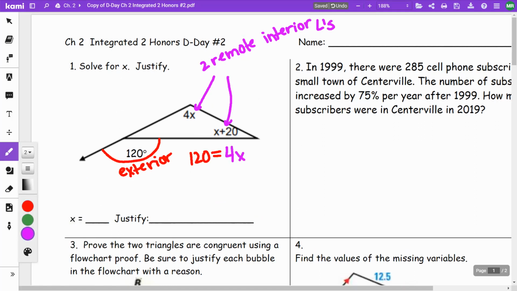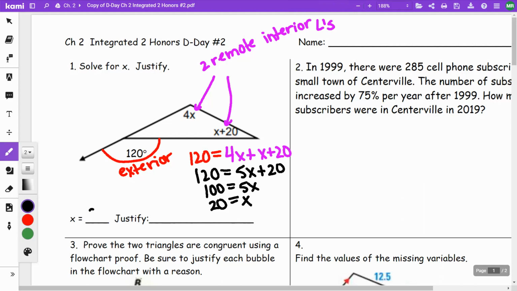So I'm going to add the 4x and the x plus 20 and solve. And when I do that, I get 120 is equal to 5x plus 20. I get 100 is equal to 5x. So x is equal to 20. And then my justification is the exterior angle theorem.